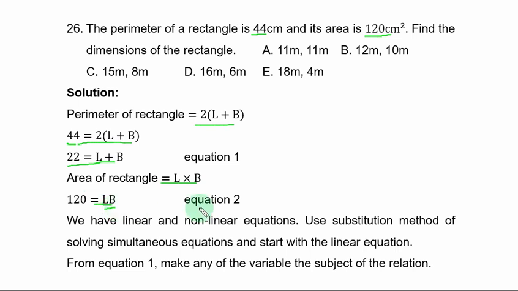When you are to solve linear and non-linear equations simultaneously, the best approach is to use the method of substitution, and you start with the linear equation. Equation 1, you make any of the variables the subject, and you put that resulting equation in equation 2 and continue with the solving process.